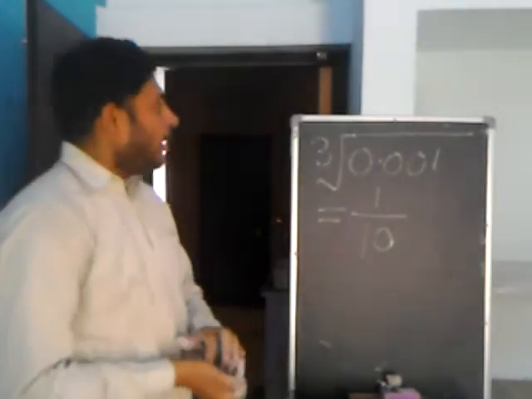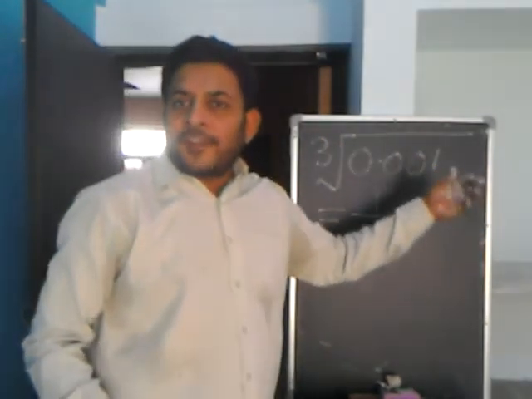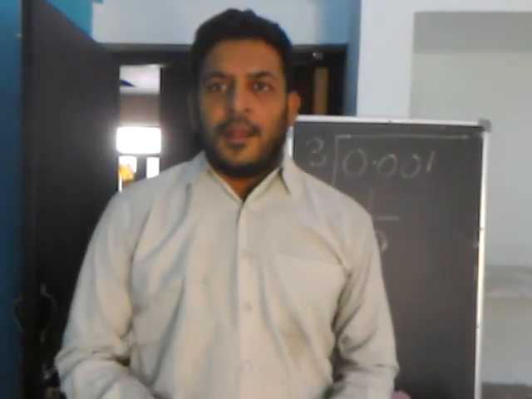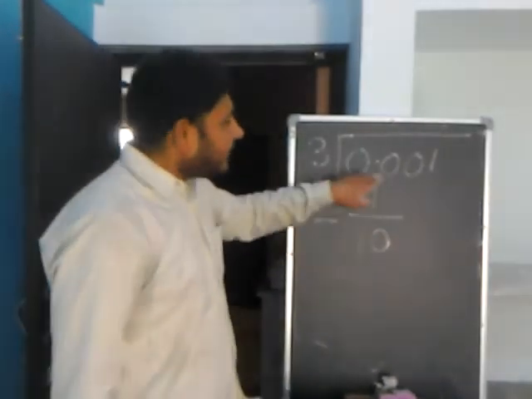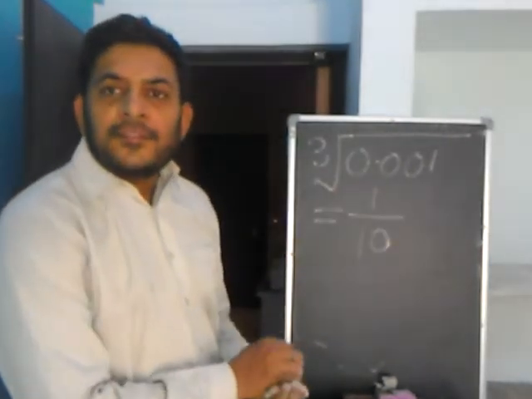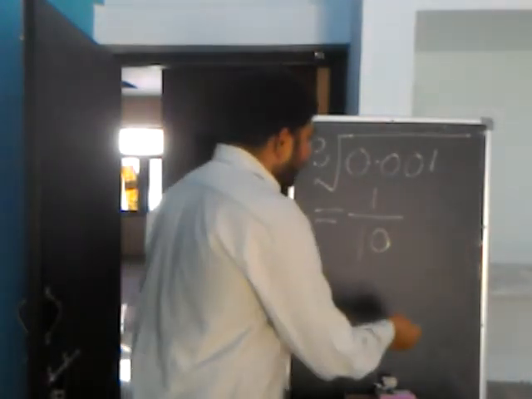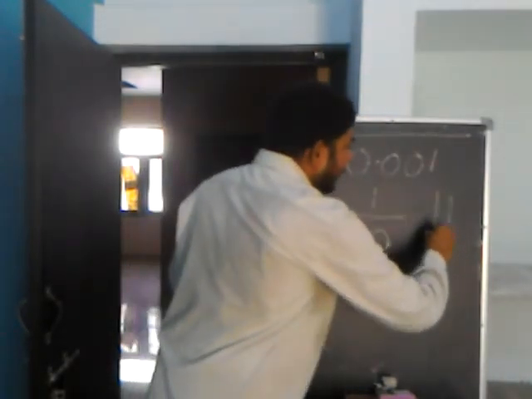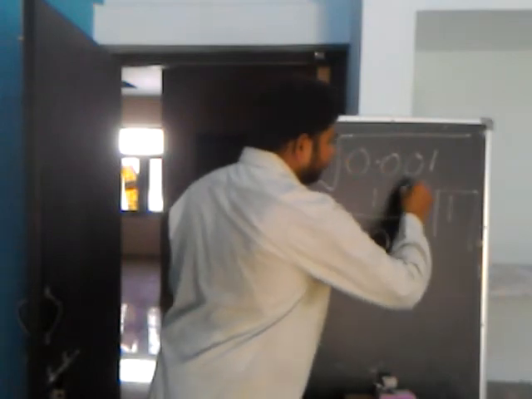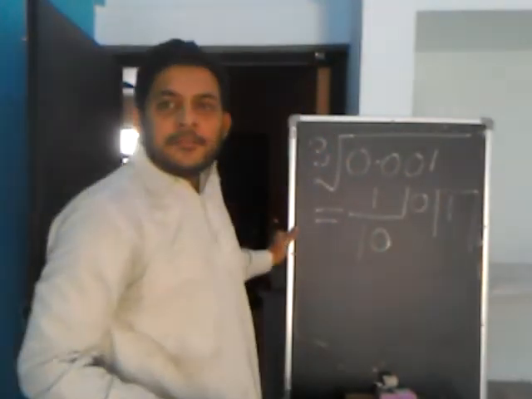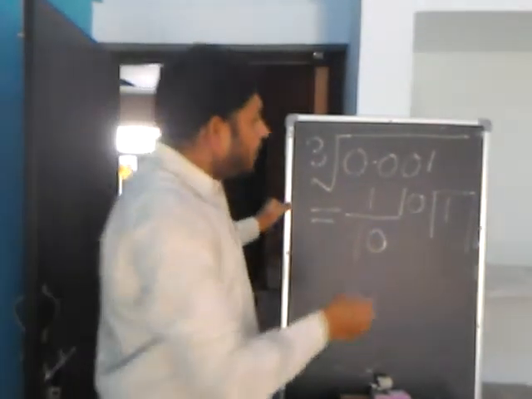Now, because our question was in the form of a decimal number, we shall convert this rational number into a decimal number also. And to convert that, I shall divide 1 by 10. 1 cannot be divided by 10, so I will use a point.